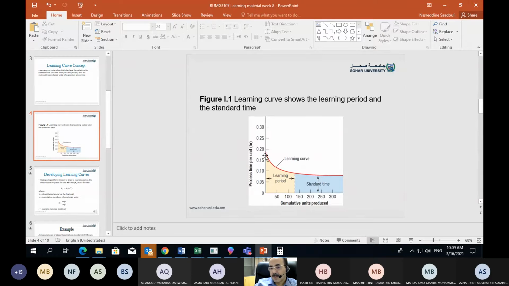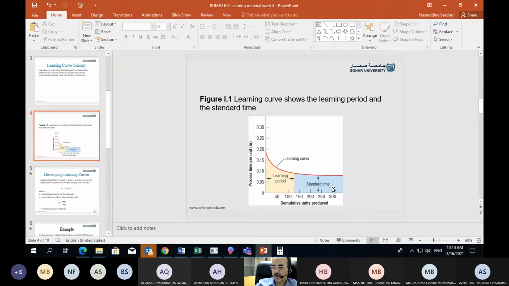It drops significantly, and then at a certain point in time it becomes fairly stable. That means that at this level of production, that's the end of the learning period. After that, the time is pretty much standard, and that's what we call the standard time.